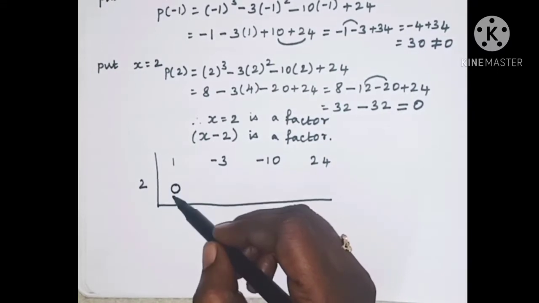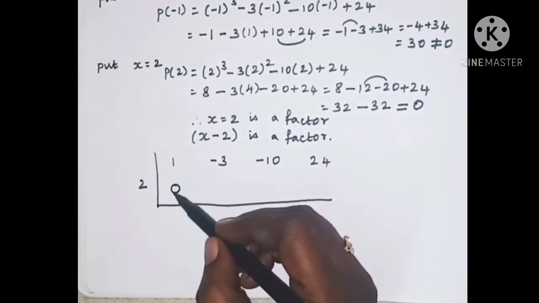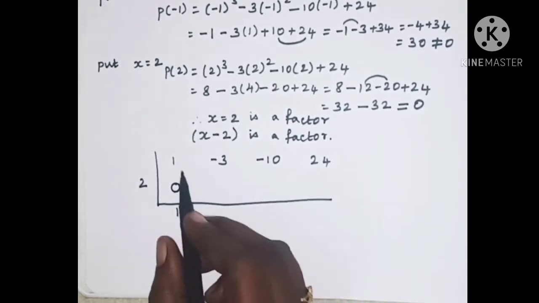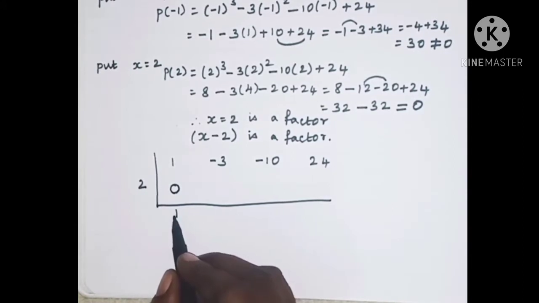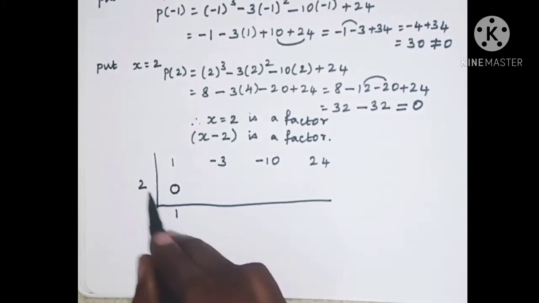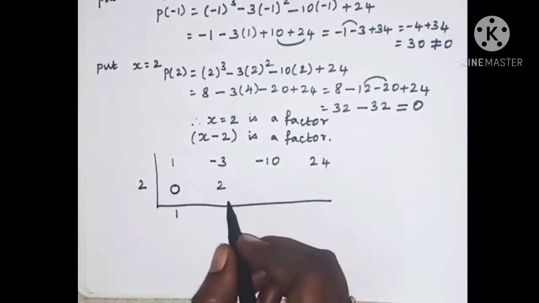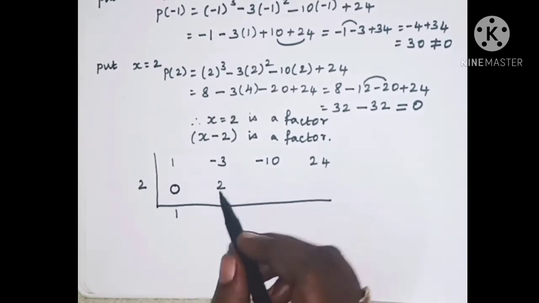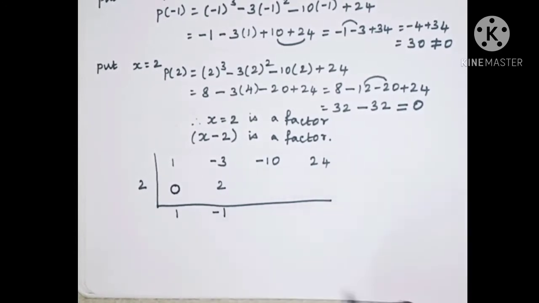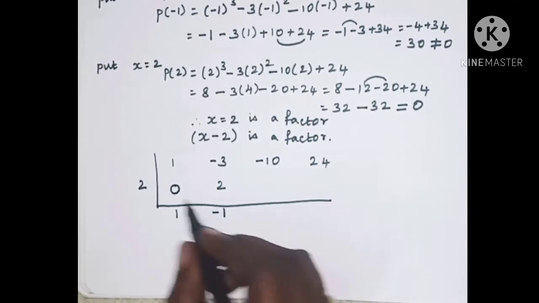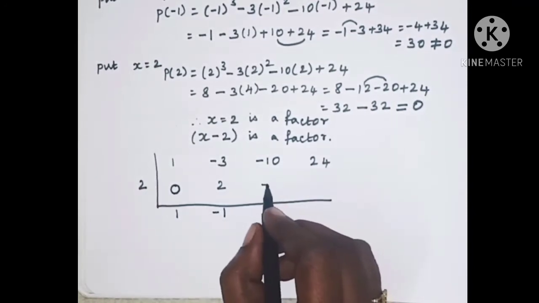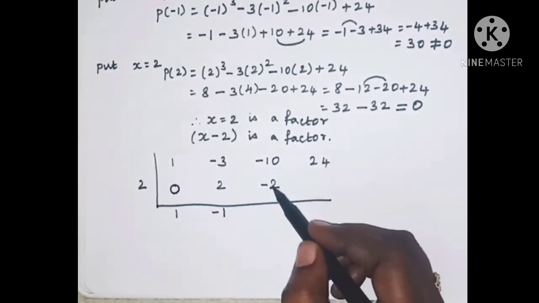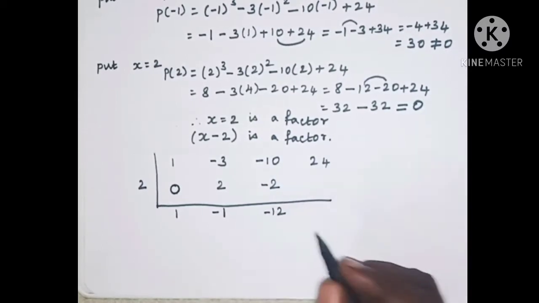Now adding these two numbers, we will get 1. 1 plus 0 is 1. Now multiplying these two numbers, 1 twos are 2. Now adding these two numbers, we will get minus 1. And then multiplying these two numbers, we will get minus 2. Now adding these two numbers, minus 10 and minus 2 is minus 12.